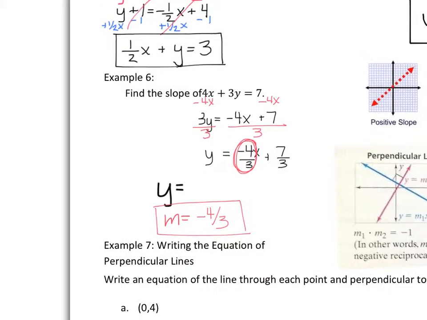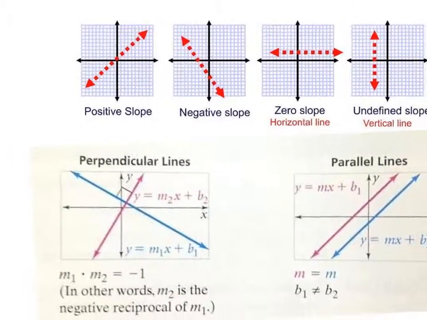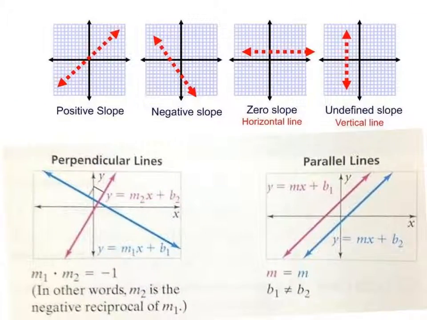Okay. Let's look at these graphs over here. Just so we've got it all established. If there's a positive slope, the line gets bigger, so it rises from left to right, correct? If it's negative, it goes down from left to right.